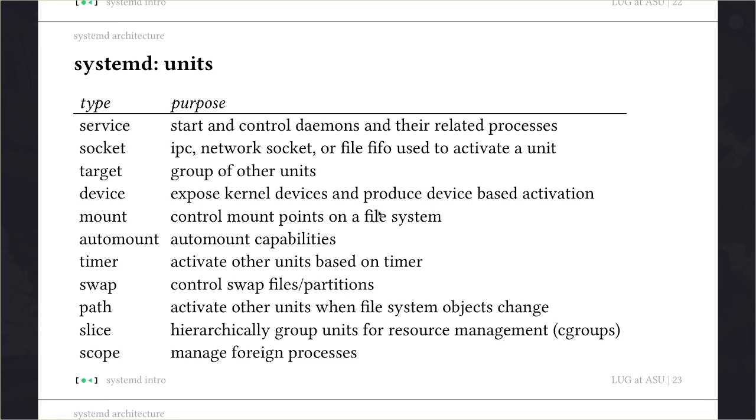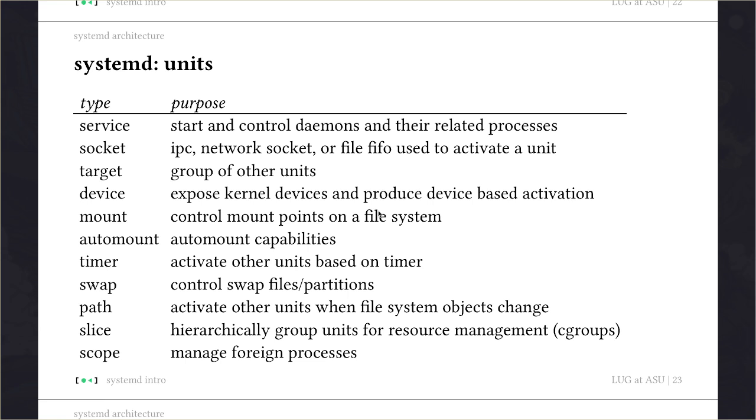Targets help you collect multiple units into one and can help you trigger things on certain events. Devices, like we mentioned earlier, each have their own unit associated with them. There's mounts, which are the mounts on your files. I actually don't know exactly what an automount is, but I put it in there. It's probably important. There's timers. This is when you want things to happen at a regular period. That can be used to activate other units.